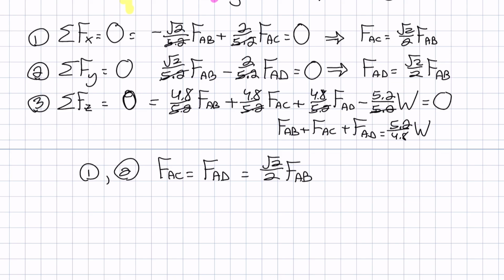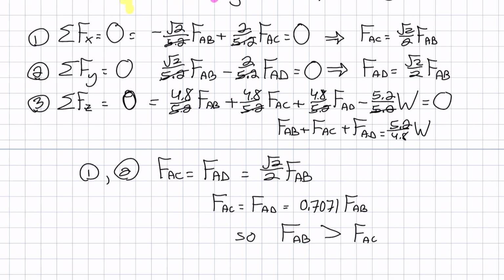So what does that tell us? That tells us that FAC and FAD are going to be less than FAB. Why? Because root 2 over 2 is 0.7071, which means if you had FAB as a number, for FAC and FAD you'd have to multiply 0.7 times that, and so you'd end up with a smaller number.